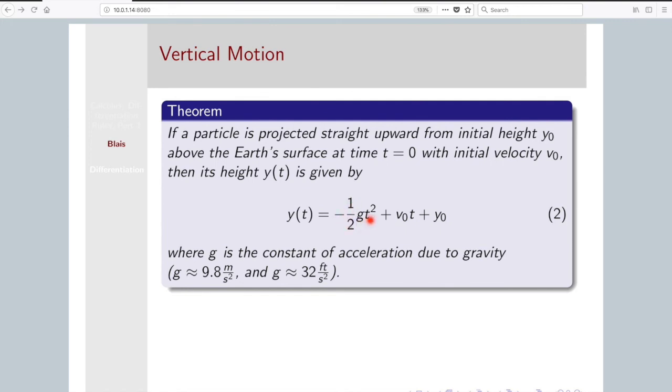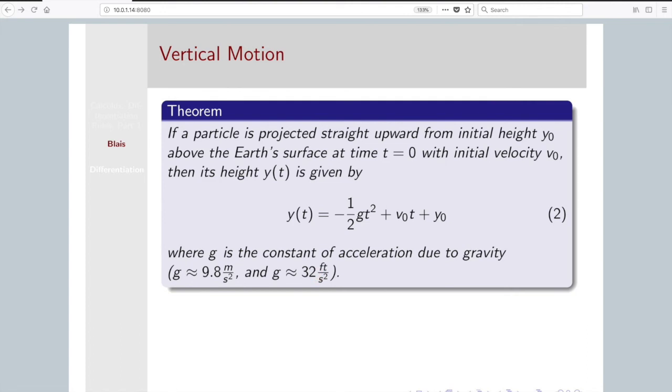Minus 1/2 g t squared plus v0 t plus y0, where g is the constant of acceleration due to gravity. If you're working in metric, it's approximately 9.8 meters per second squared. And if you're working in our American units, then it's approximately 32 feet per second squared.